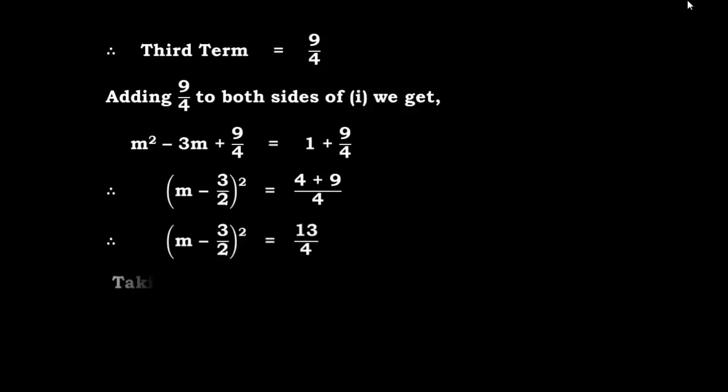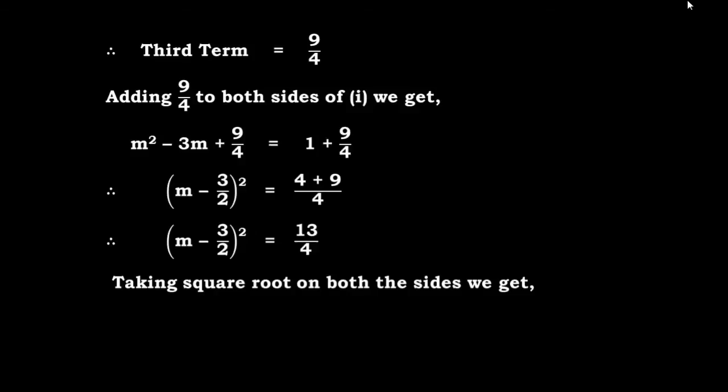Now we can taking square root of both the sides, we get m minus 3 upon 2 is equals to plus or minus root 13 upon 2. Minus 3 upon 2 will become plus 3 upon 2, that is m is equals to 3 upon 2 plus or minus root 13 upon 2.